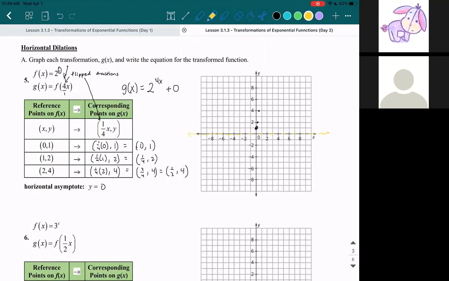I know I picked yellow, it's kind of hard to see, but the asymptote's not really part of the graph. It's just a guideline for us, so we know that our graph doesn't go past that. All right, so it's very squished, so this graph's not going to look very great, but that's essentially what it looks like, a very smushed graph.